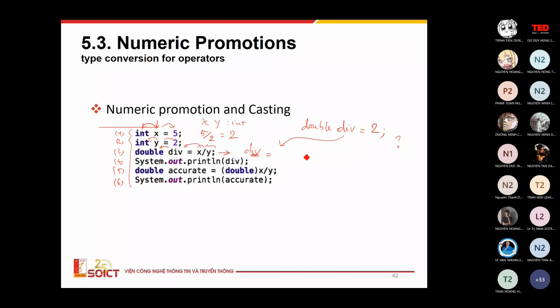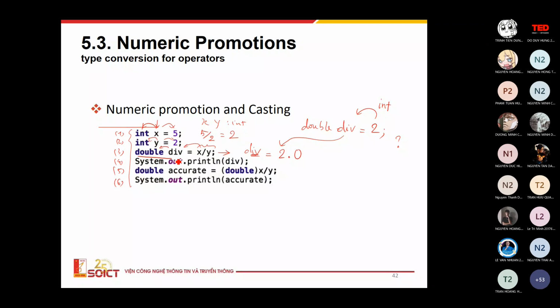The value is 2.0. Yeah, 2.0. Okay. Because here you have to convert from integer to double. Yeah, here you have the casting from int to double. Okay.